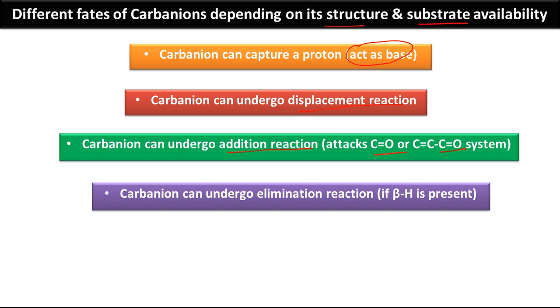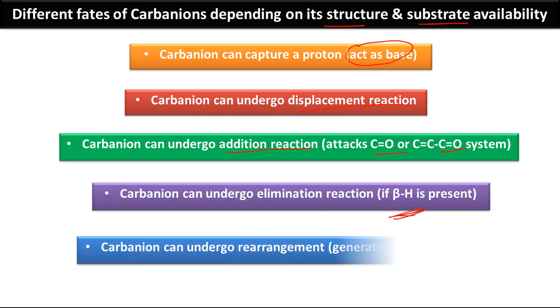Then Carbanion can undergo elimination reaction. In this case, obviously a beta hydrogen must be present with respect to the leaving group, and this beta hydrogen should be acidic in nature. Here also it is behaving as a base, and it is mostly observed in the E1CB type of mechanism.